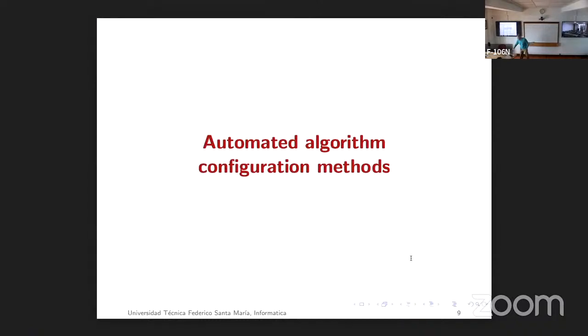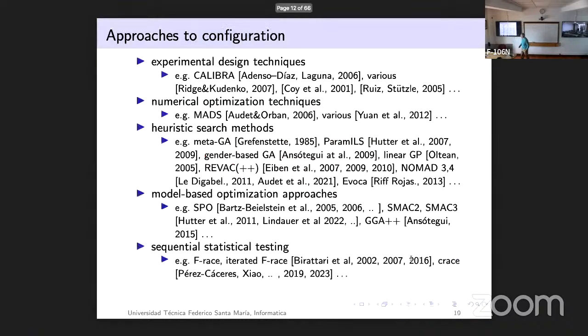And now we come to algorithm configuration and tuning. Yeah? And the approaches that we have are, say, five things. So there is experimental design, where we have, for example, Calibra. Yeah? But Calibra has 5 parameters.